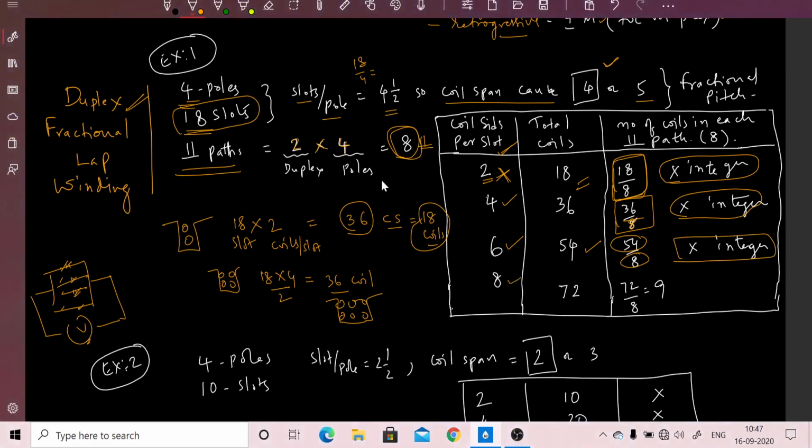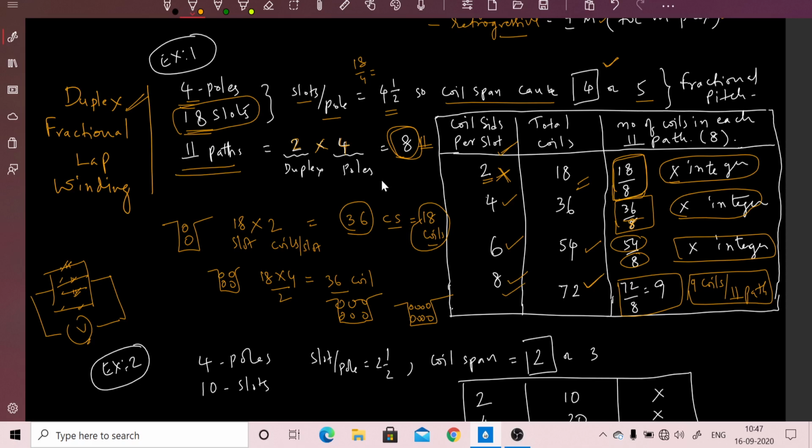Now finally, in case of 8 coil sides per slot, we altogether have 72 coils on the armature, and 72 by 8 gives 9 coils per parallel path, which is an integer. Now this is a possible winding, we can go with.